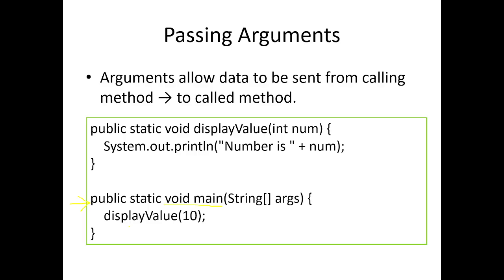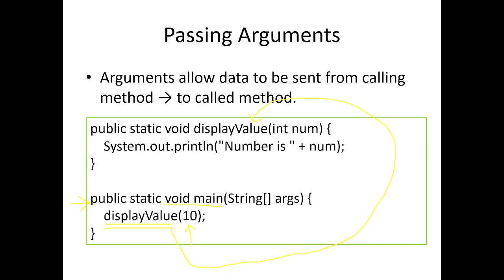Display value is a method name. Inside this parenthesis there's a number 10. This is actually the value of the argument. When display value is called here, the compiler will go to the structure of display value, which is here.